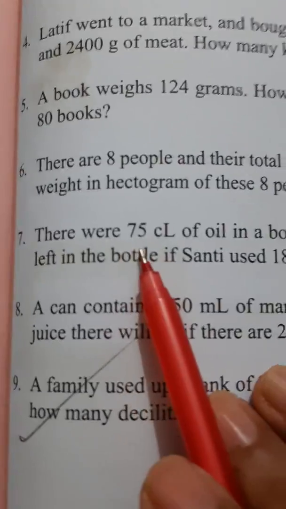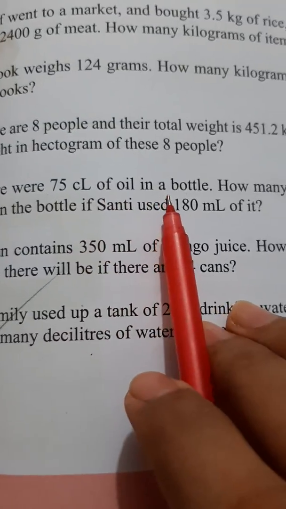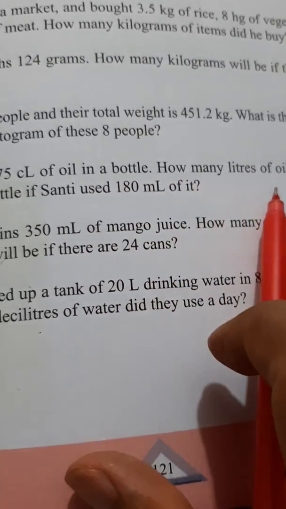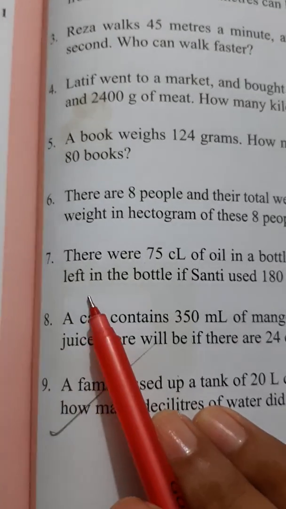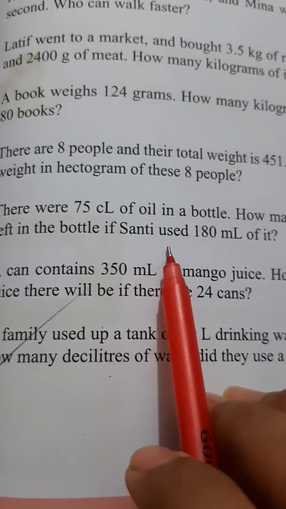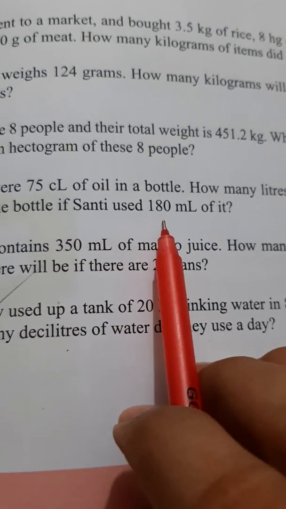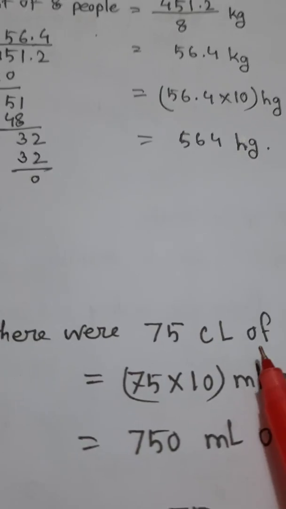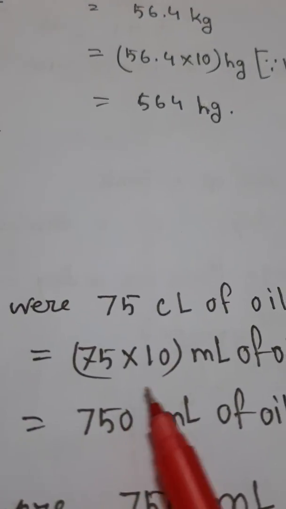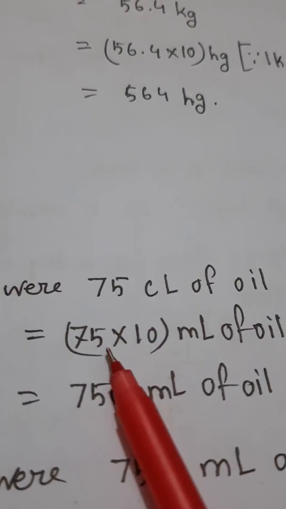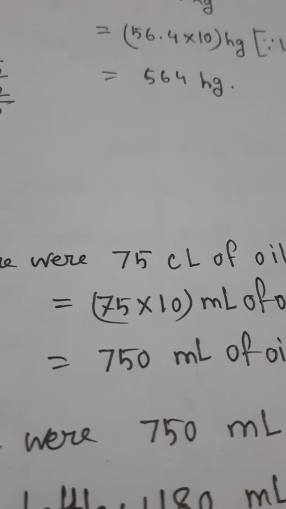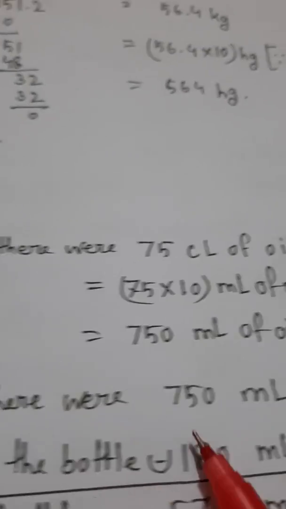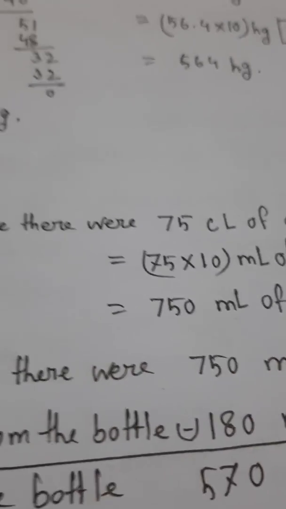Number 7. There were 75 centiliters of oil in a bottle. How many liters of oil would be left in the bottle if Shanti uses 180 milliliters of it? At first we express 75 centiliters in milliliters, multiplying by 10, giving 750 milliliters.